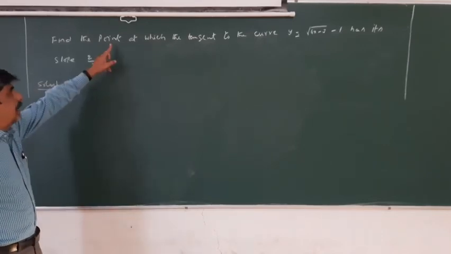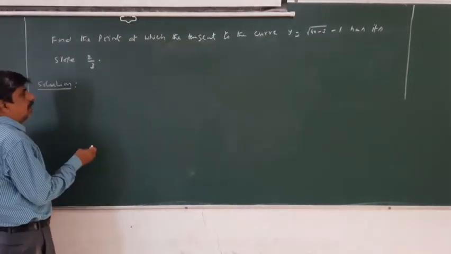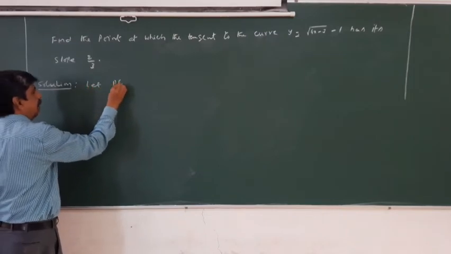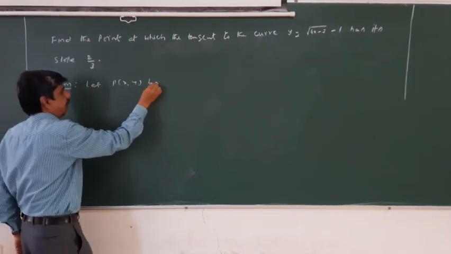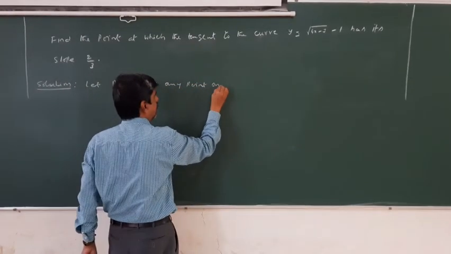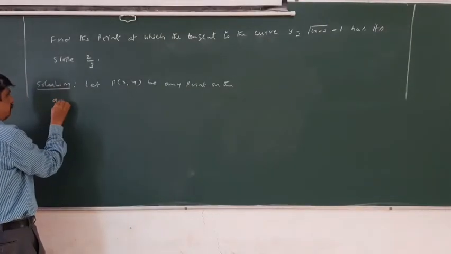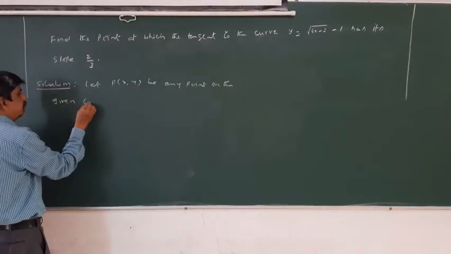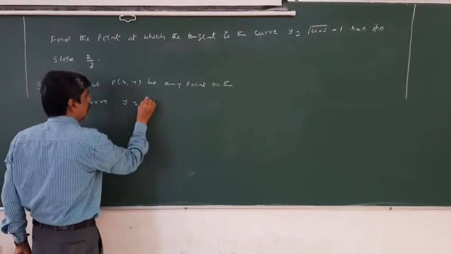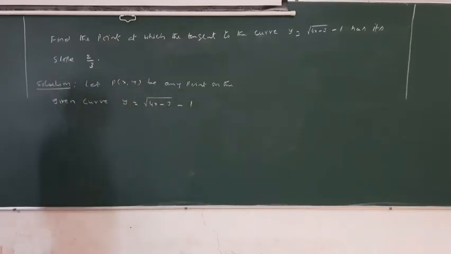We want to find the point on the curve. That point I am taking as x, y. Let P(x, y) be any point on the given curve y is equal to root over 4x minus 3, minus 1.